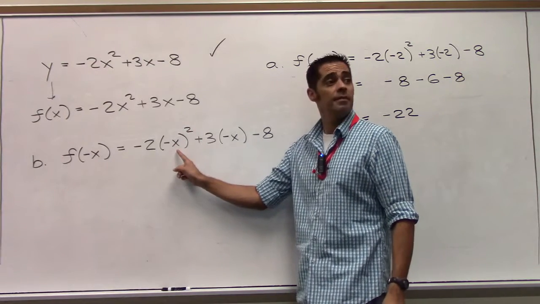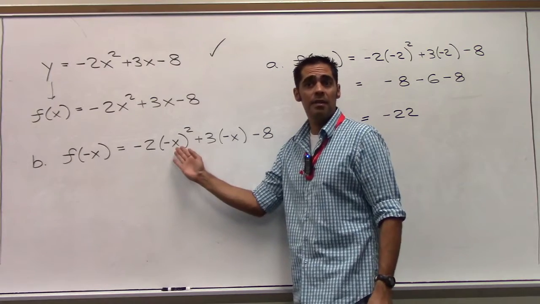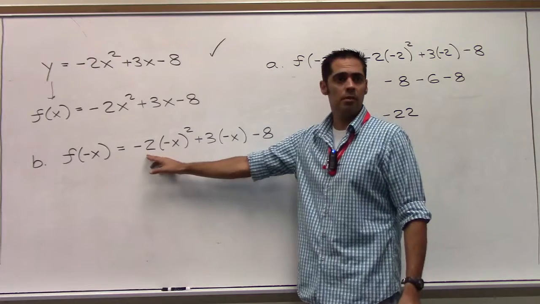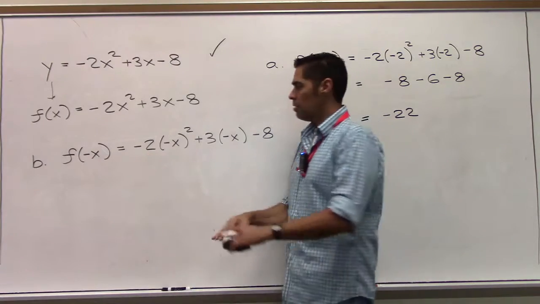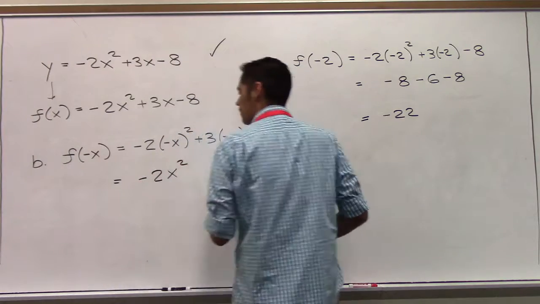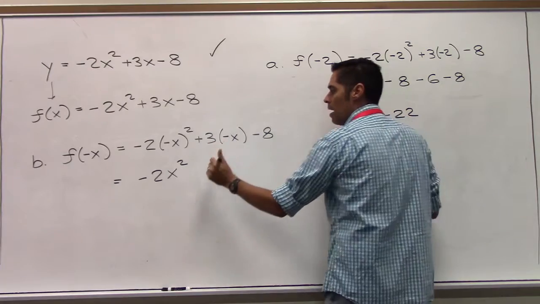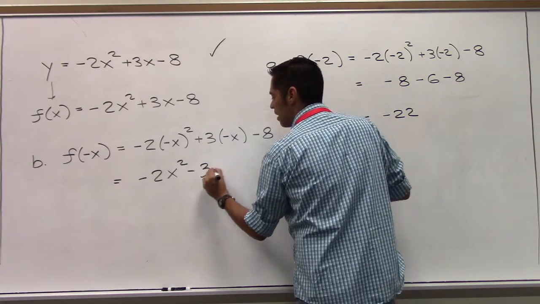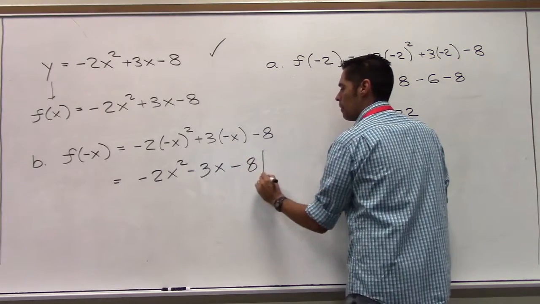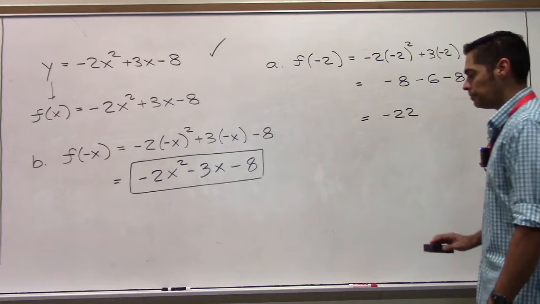It becomes positive x squared, right? So in other words, that negative doesn't really matter because you're going to square it, it's going to go away. But you'll still have a negative 2 in front of it, won't you? Yes. So the first term is negative 2x squared. This one does change though. So minus 3x, because that's multiplication, it's like a negative 1 in front of it, and then minus 8. That is what happens when you plug in negative x.